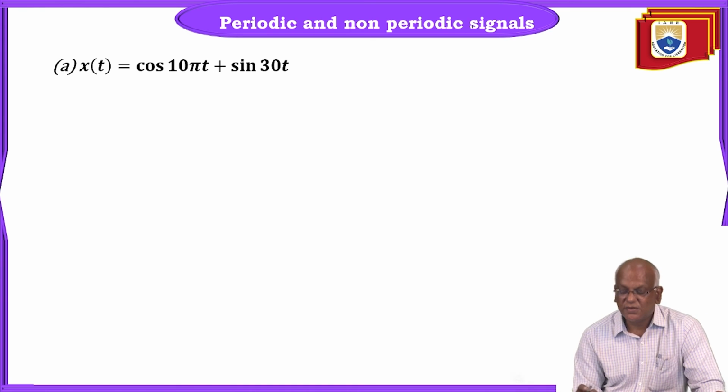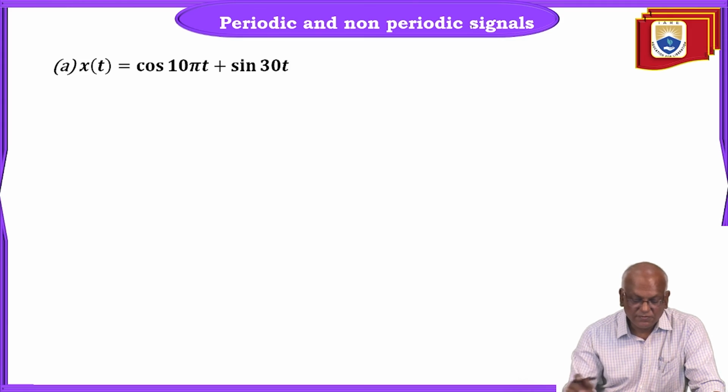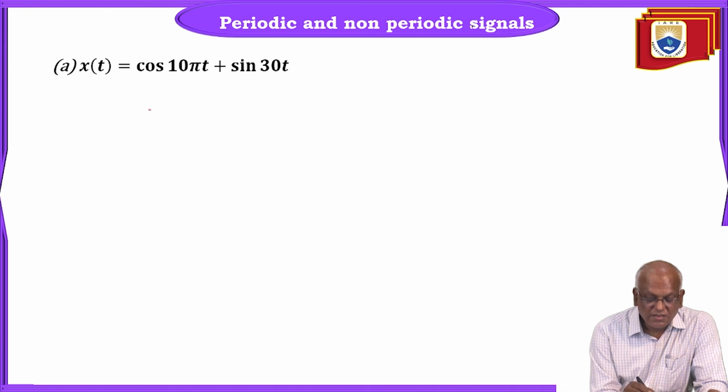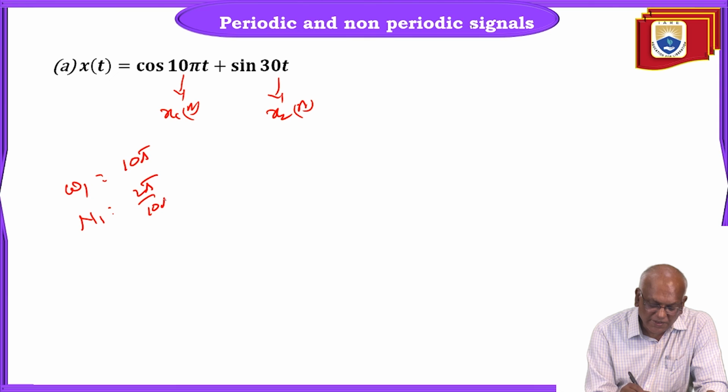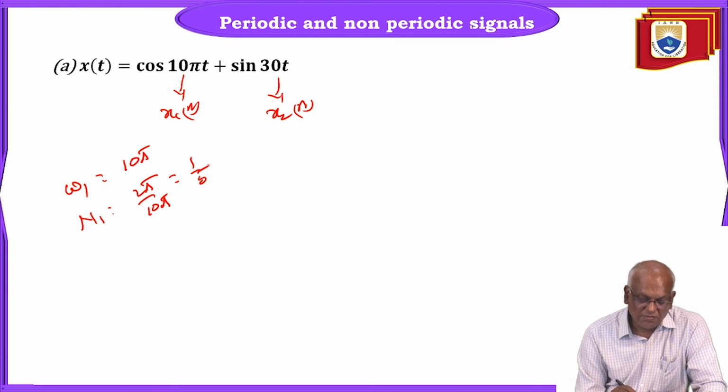Next we go for the last problem. We take two signals, x1 n and x2 n. For x1 n, omega 1 is 10 pi and N1 is 2 pi by 10 pi, which is nothing but 1 by 5.